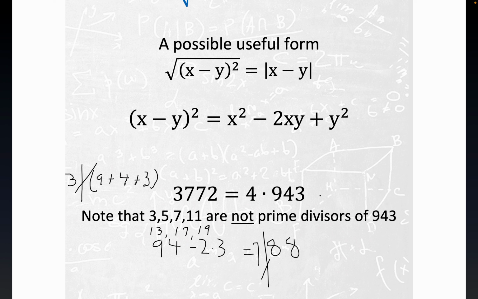Okay, so in other words, we can write this as 4 times 23, and once you discover that 23 is one of the divisors, it's real easy to find 41 as the other. Okay? So we get this prime decomposition. You can call this 2 squared, and it's a bona fide prime decomposition.